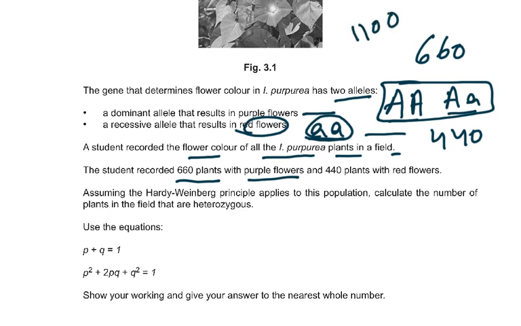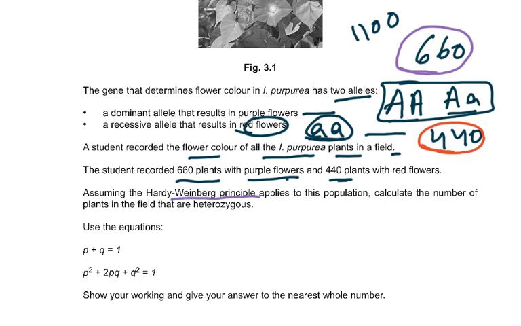Is that right? So 440 had the red flowers and 660 had purple flowers.